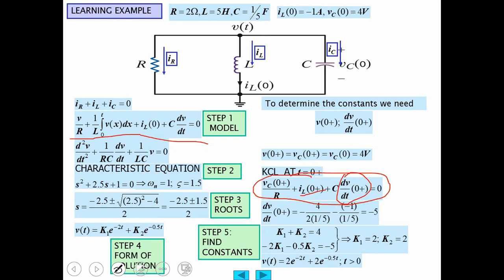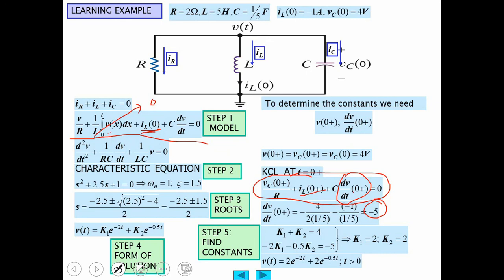Well, at 0, current through the inductor is that. At time equals 0, this integral is 0. You're integrating from 0 to 0, which makes 0. So we just solve for dV/dt and rearrange the equation, plug in numbers, and get our answer.